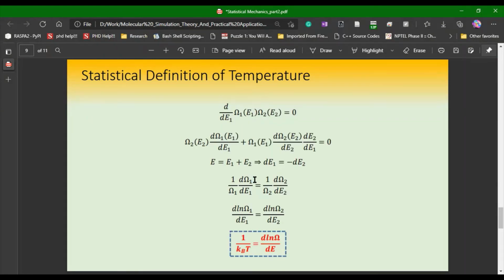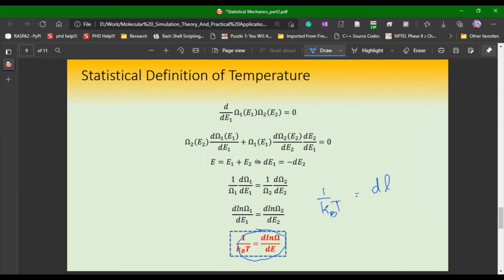So the temperature is actually defined using this term. This 1 by kBT is equal to d ln omega by dE.